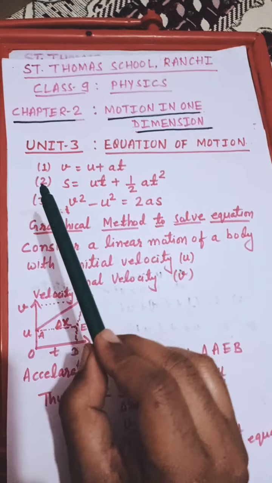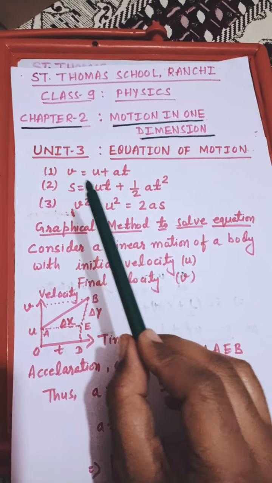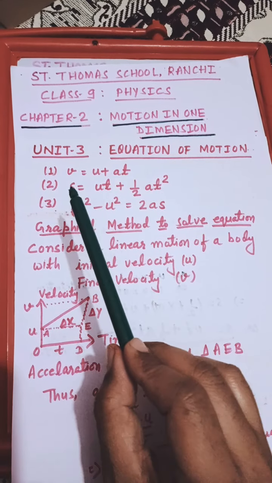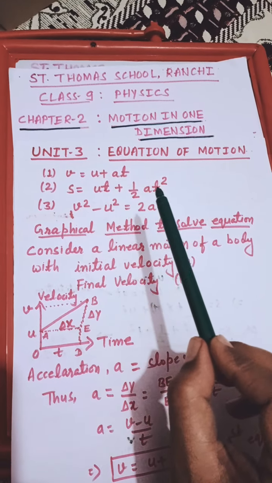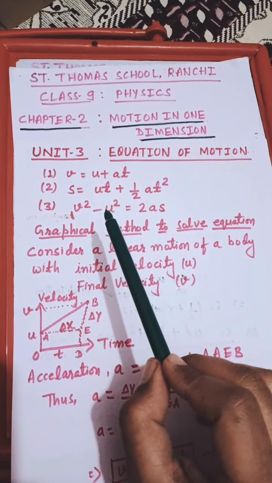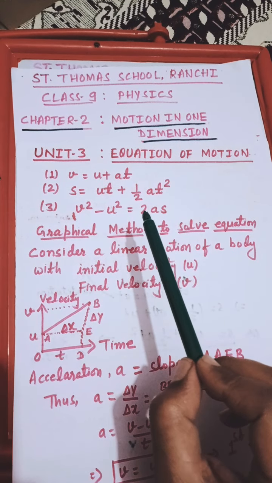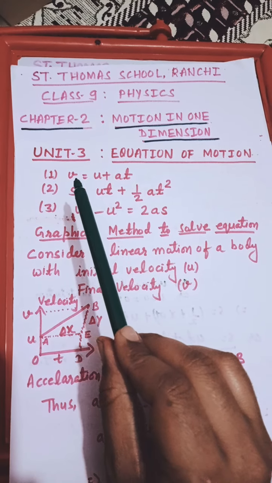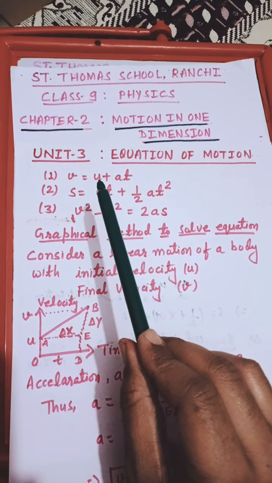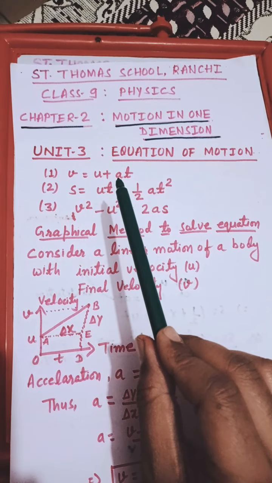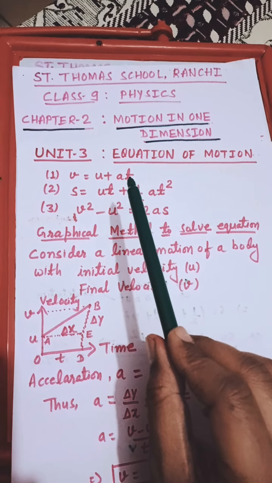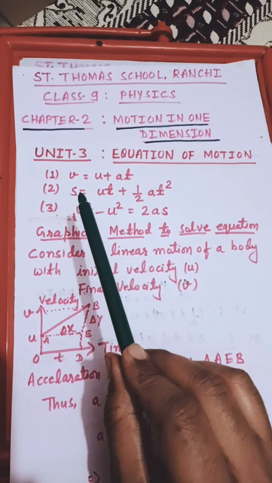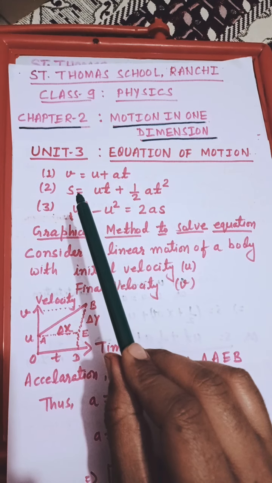As we know, these are the three formulas of motion: v is equal to u plus at, s is equal to ut plus half at square, v square minus u square is equal to 2as. Here v represents final velocity, u represents initial velocity, a represents acceleration, t represents time, s represents total distance covered.